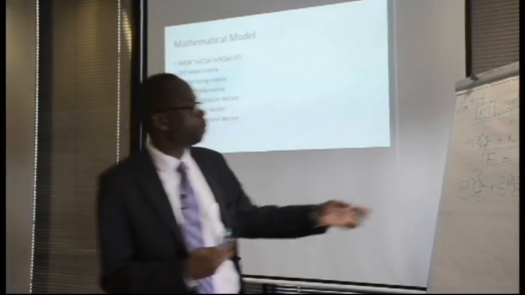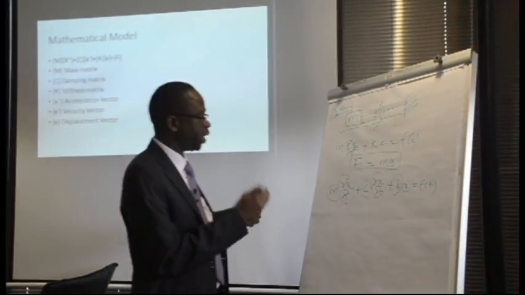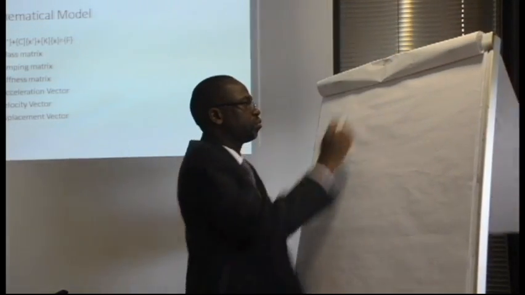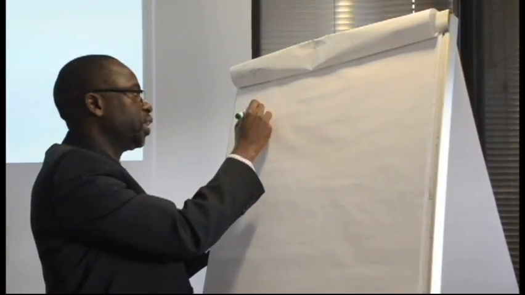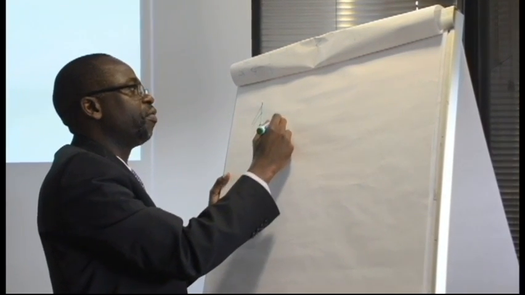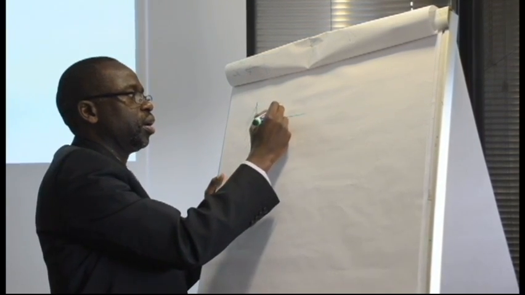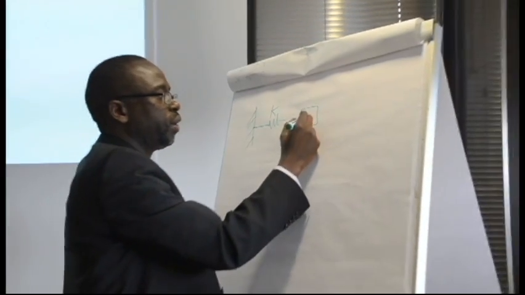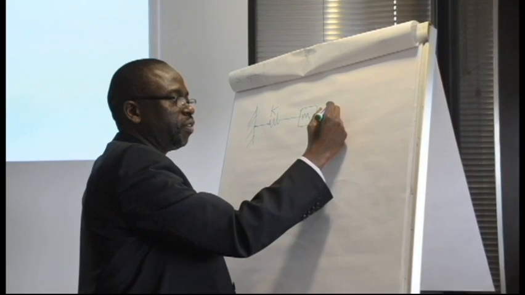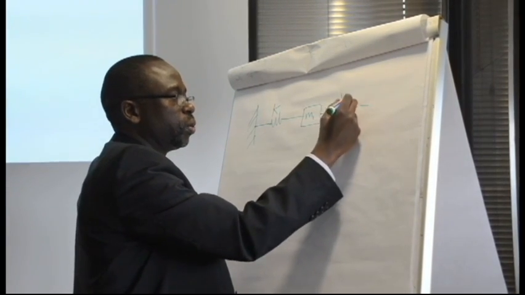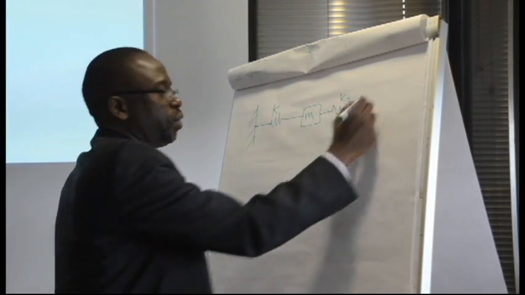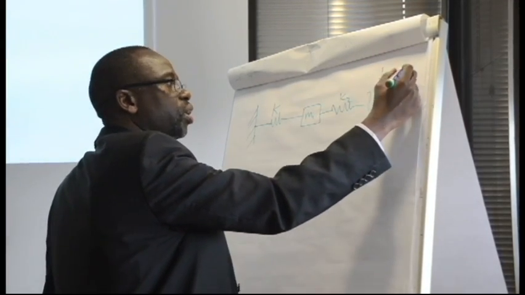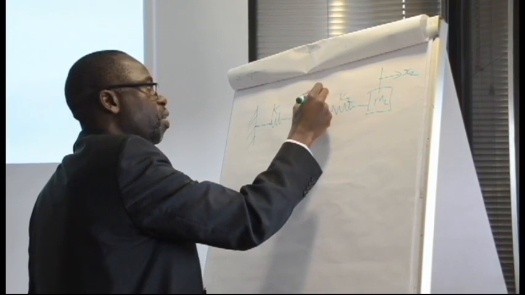For example, if I were to write a simple system that looks like this, you have the stiffness 1, then you have your mass 1, then you have another stiffness 2, then you have mass 2, then you have movement of mass 2 and movement of mass 1.